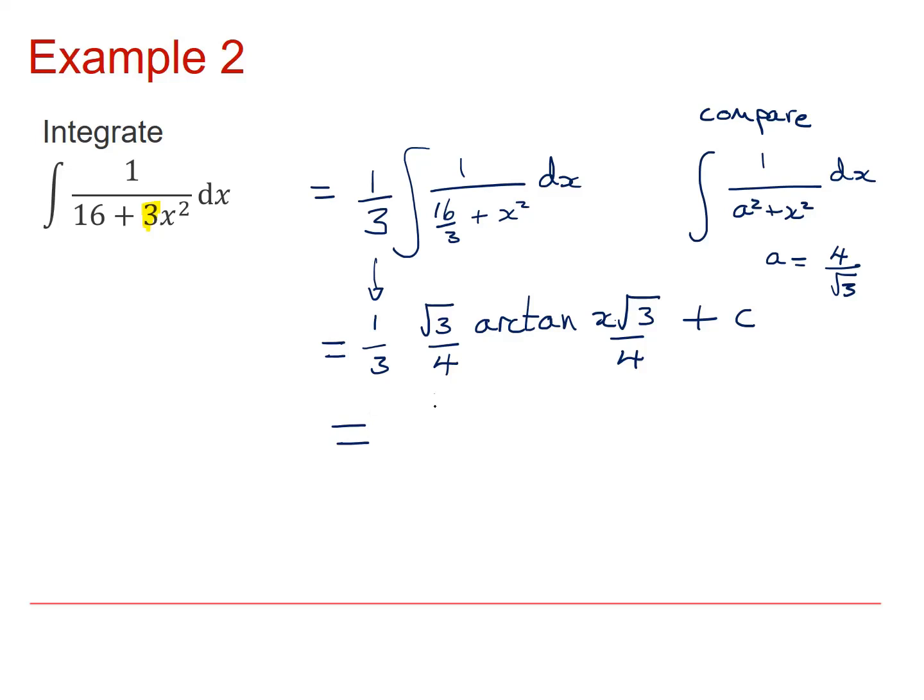So we could tidy this up a little bit more. We can write that as 1 over 4 root 3 arctan of x root 3 over 4 plus a constant.